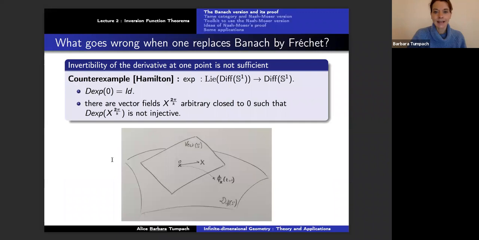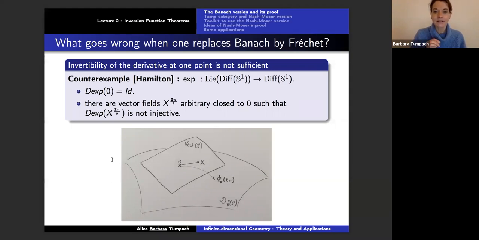Here I have an example where the derivative at one point is the identity, but the derivative is not even injective at points in a neighborhood of 0.